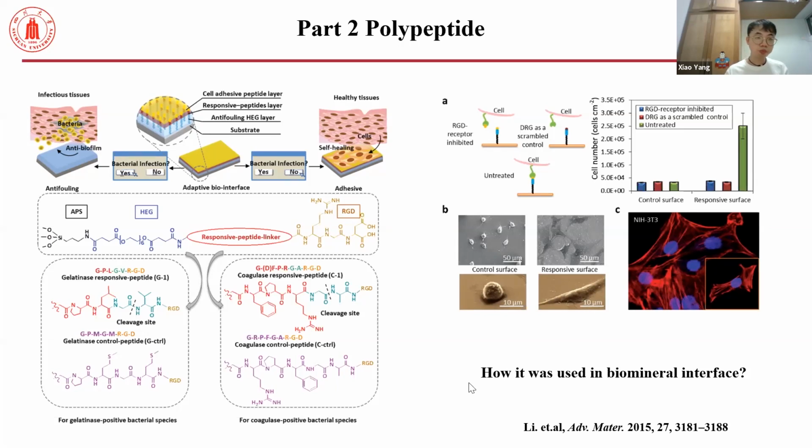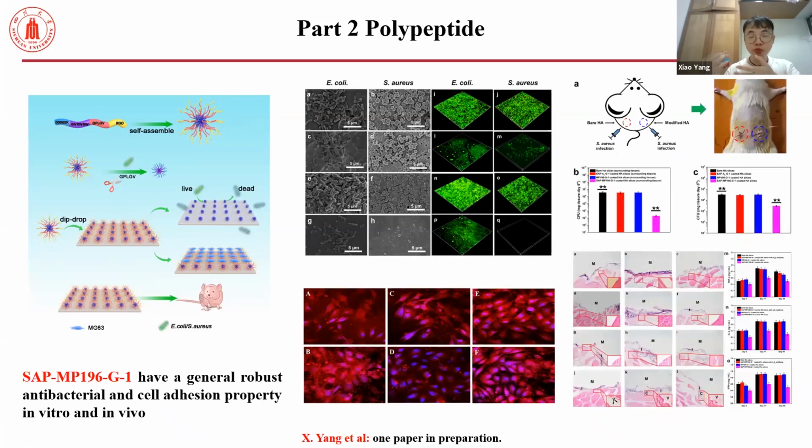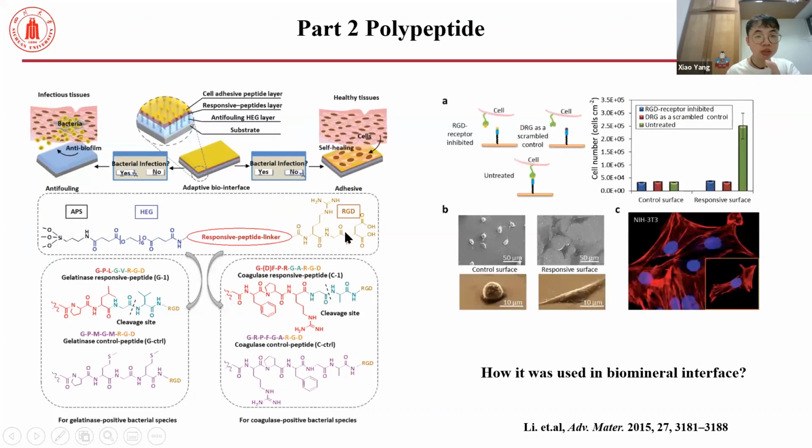So we introduced this idea in our system, and we use the DDDEEK on this side, and this is the antibacterial peptide, and this part is the same as this part. This is the response peptide and the RGD.